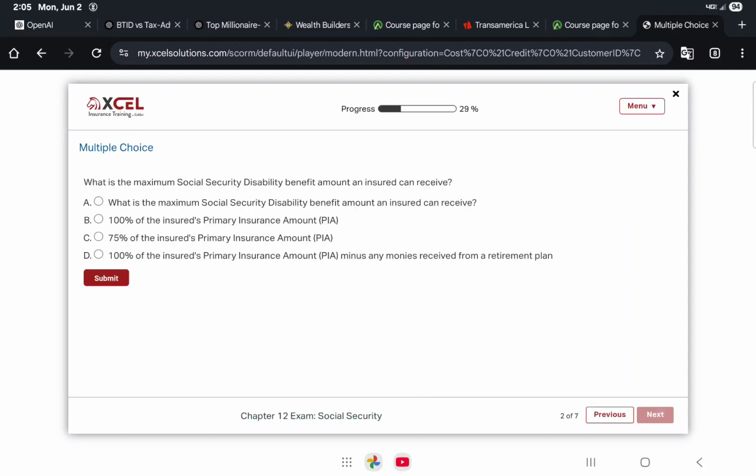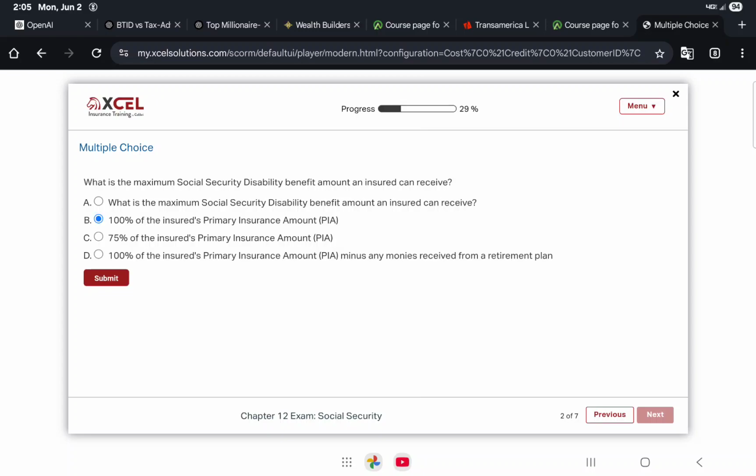Alright, what is the maximum Social Security disability benefit amount an insured can receive? I think the first answer is the exact same as the question, so that's not it. 100% of the insured's primary insurance amount, 75%, 100% minus any money received from a retirement plan.